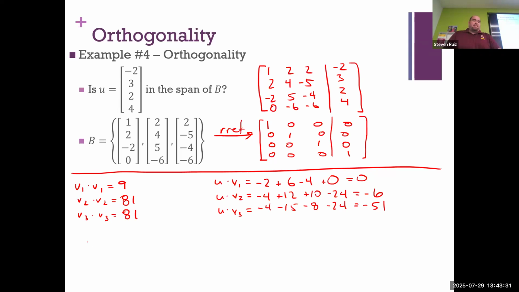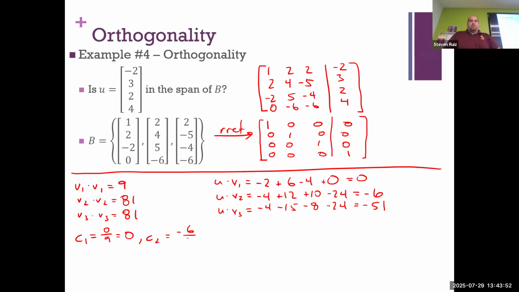So if we take the same approach as last time, we can still find C1, C2, and C3. So C1 should be equal to 0 over 9. Basically, we found out that U and V1 are totally perpendicular. What about C2?